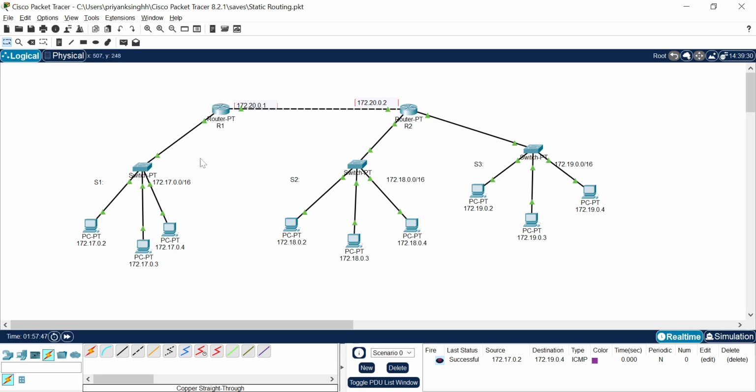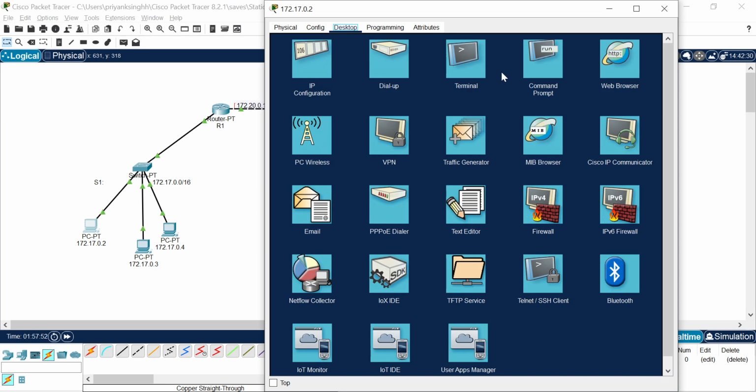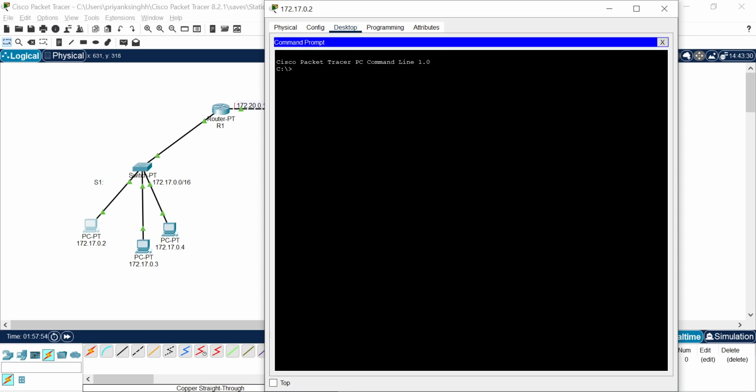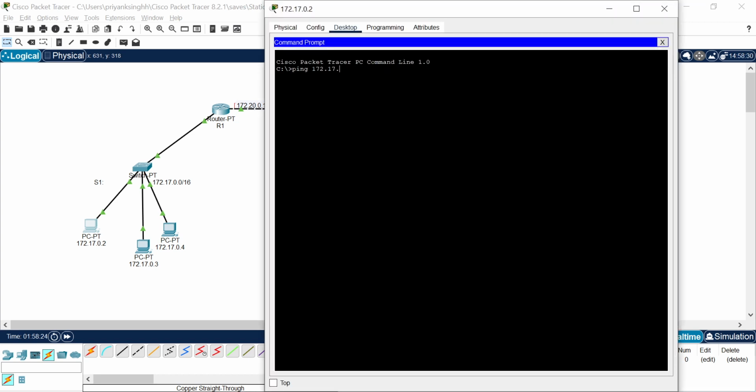In a similar manner, I can use the ping command to test this. I go to Desktop over here, click on Command Prompt, and ping.